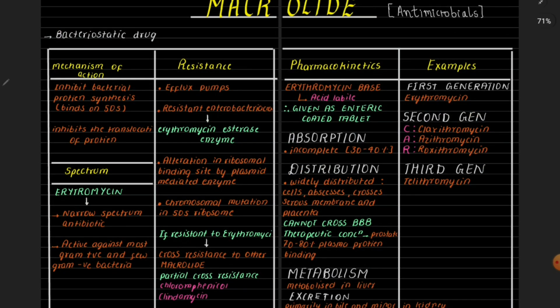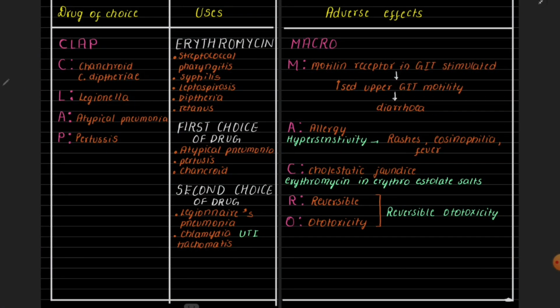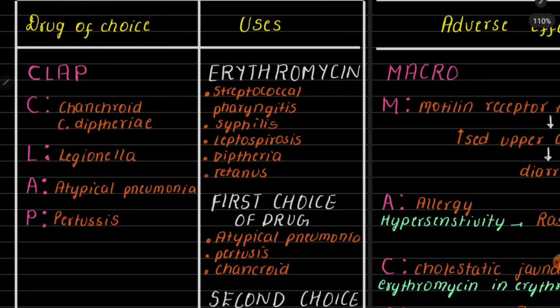Now, let us move on to the uses. Here I split the uses into two parts because in all these conditions, macrolides function as the drug of choice. So, even if you don't remember all these uses, it is better that you remember only these uses carefully.